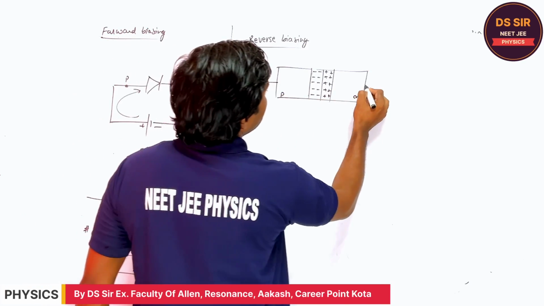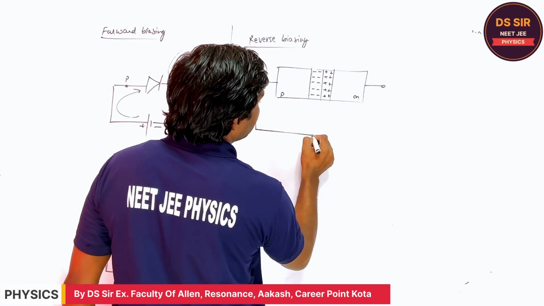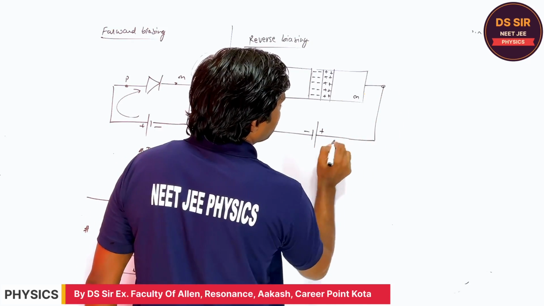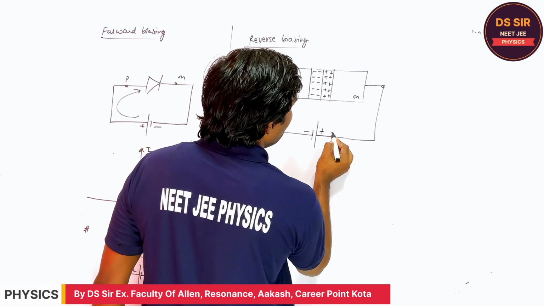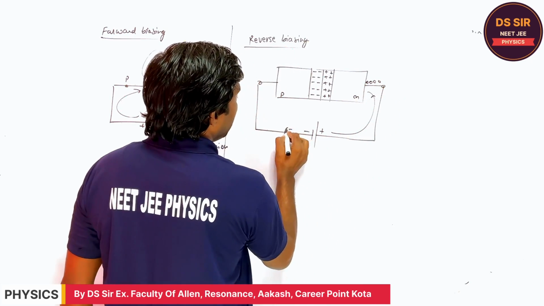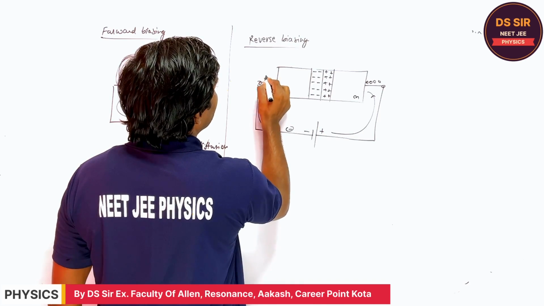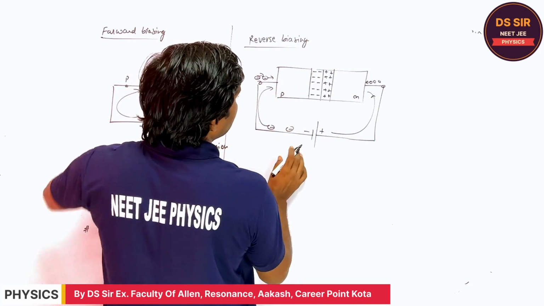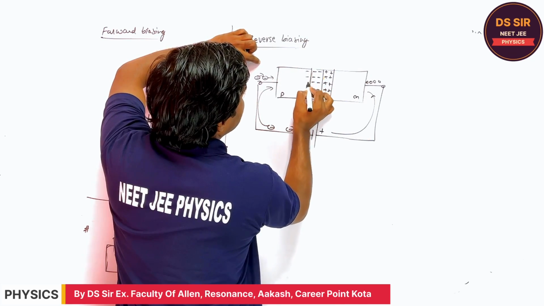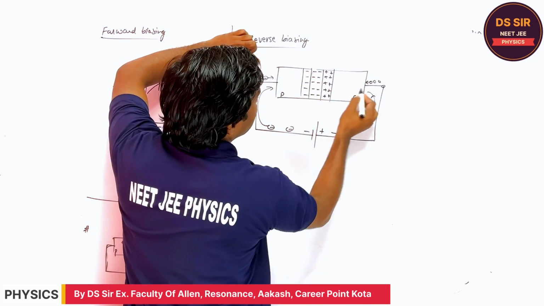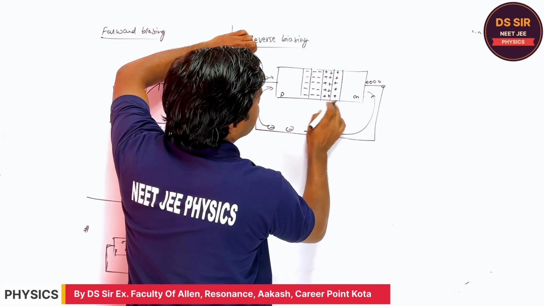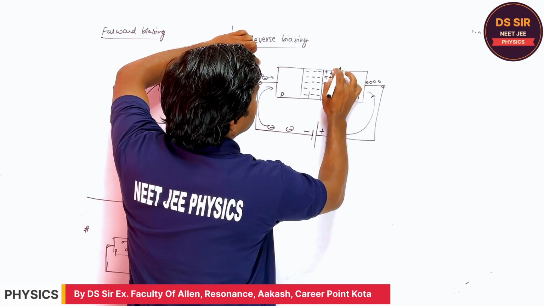When this unbiased PN junction is connected in such a way that the positive terminal of the battery is connected to the n type, the holes start being supplied from this side, and the electrons start being supplied from this side. Therefore, they stick with the uncovered negative ions, and the depletion width is increased.